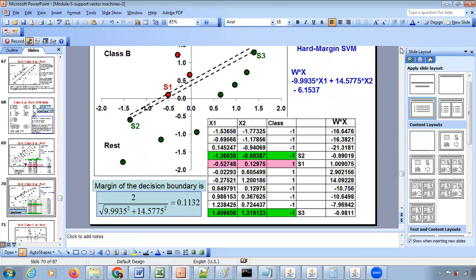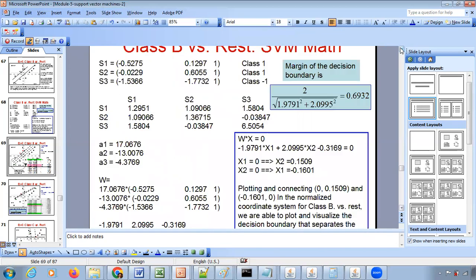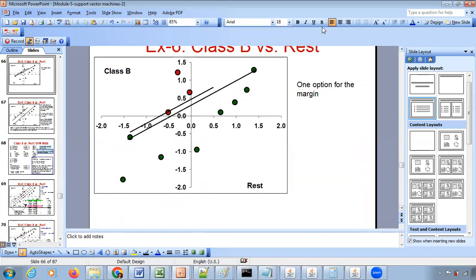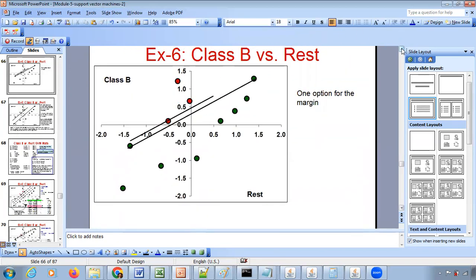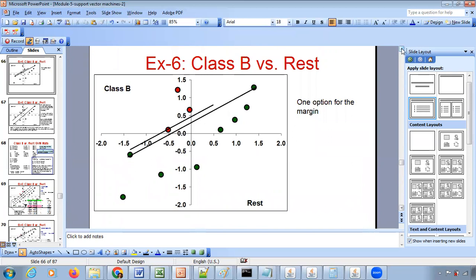So now if you went with the hard margin, the other decision boundary that we had originally was this one. Here we don't have any outlier and we don't have any data point in the margin either. So this is the hard margin support vector machine, we can call it, that doesn't have any outlier or any data point within the margin.